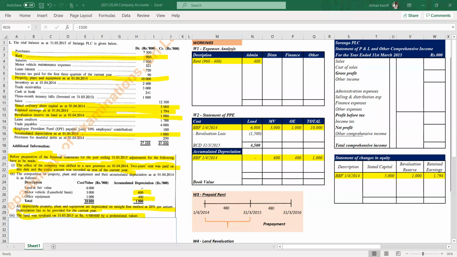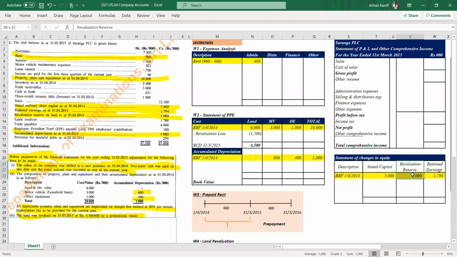How much do you debit? Do you debit entire 1,500 to the profit and loss account? 500. Only 500. Balance 1,000? We debit for the revaluation reserve account. Exactly. Very good, Saina.